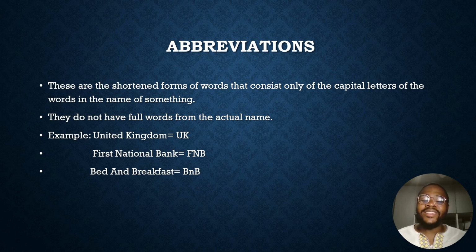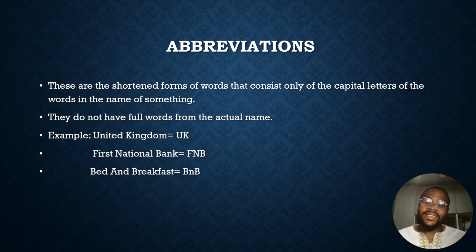So as the First National Bank, we take the letter F on the word first, the letter N on the word national, and the letter B on the word bank. We put them together, we come up with FNB. Don't go for the second letter, always go for the first letter. That's how it should be.